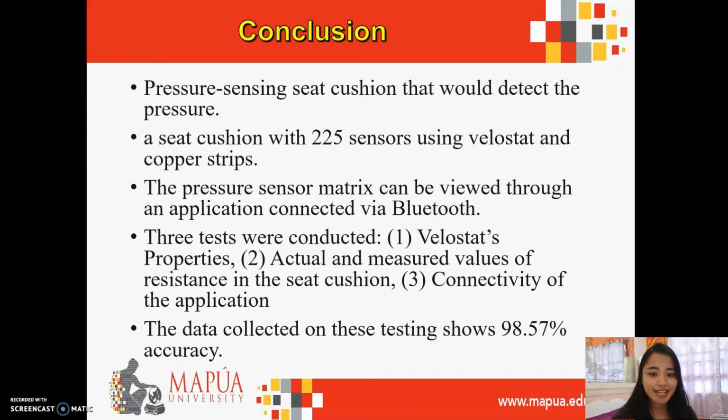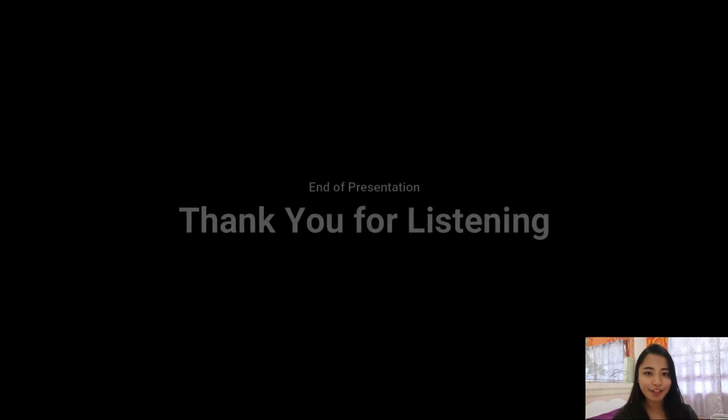There were 3 tests conducted to evaluate the functionality of the device, where graph samples were generated to check if the visual representation of the pressure matrix is correct. The data collected in these tests showed that the values generated by the pressure sensing seat cushion were transmitted to the microcontroller and application with a 98.57% accuracy.